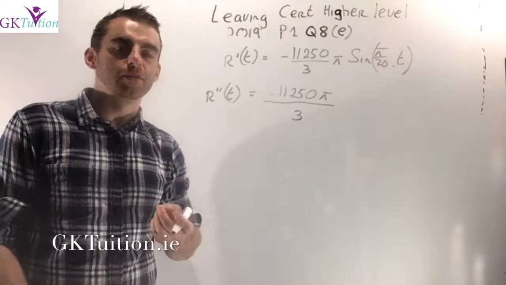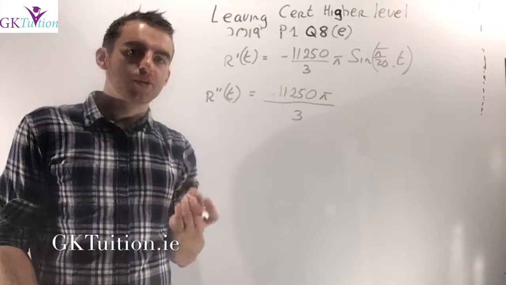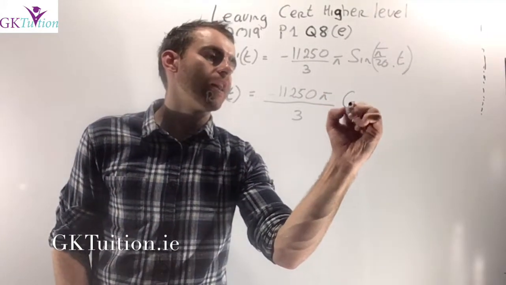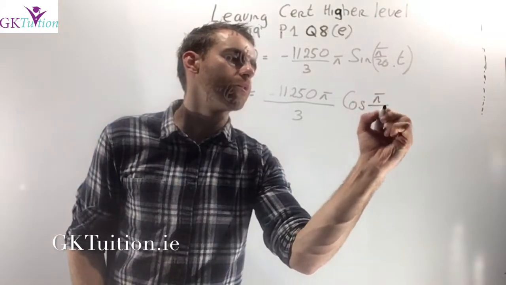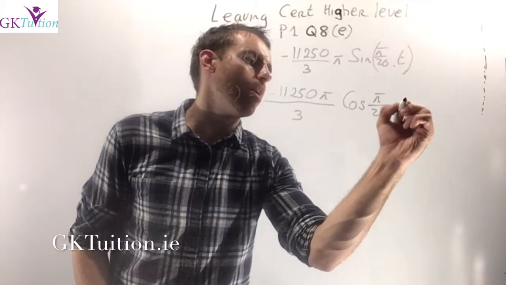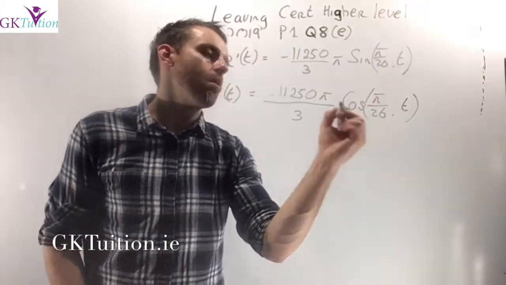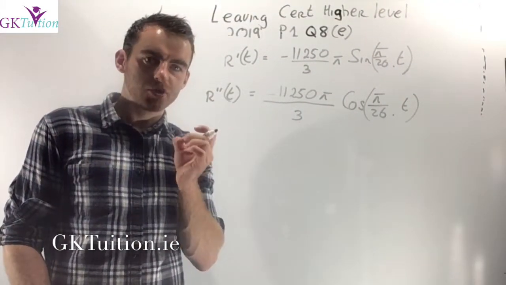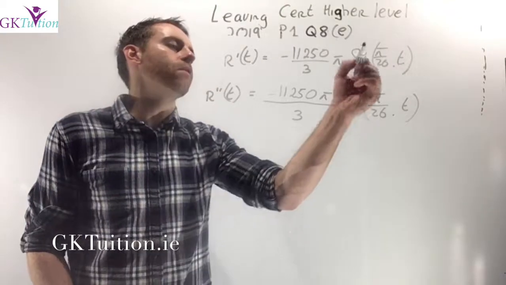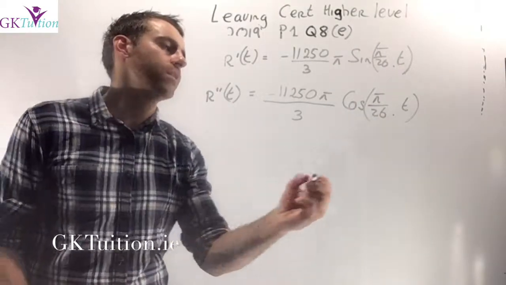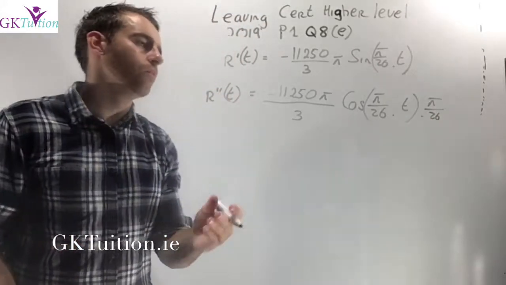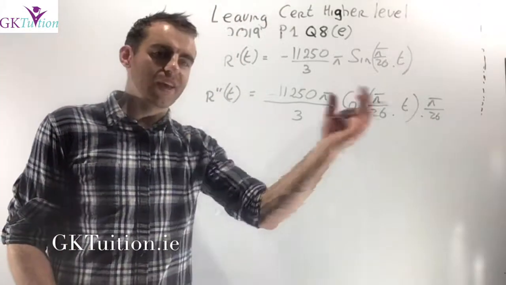We don't really have to do anything with it. According to the log tables, the derivative of sine of an angle is just cos of that angle. So this just becomes cos of pi over 26 times t. But remember, you also must multiply by the derivative of the angle. The derivative of pi over 26 times t is just pi over 26. So that's our second derivative.